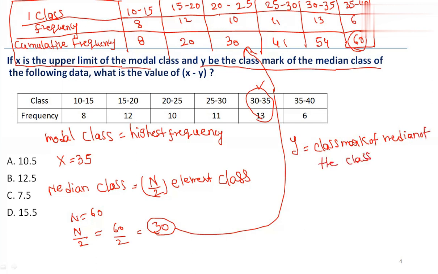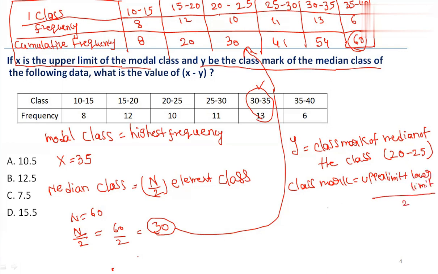So the median class is 20 to 25. Now how do we find the class mark of the class? The class mark is the upper limit plus the lower limit, divided by 2.